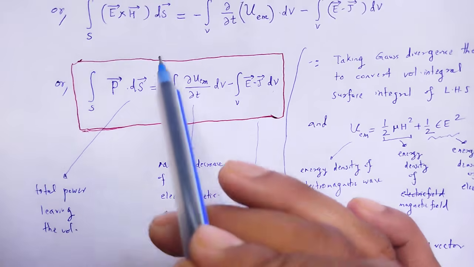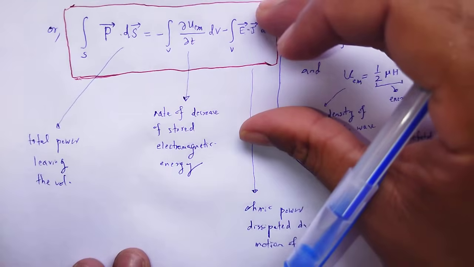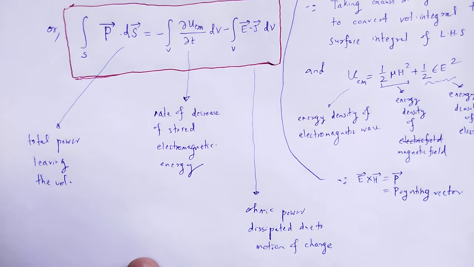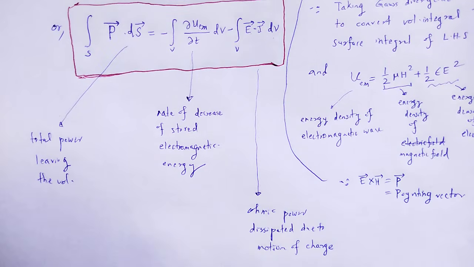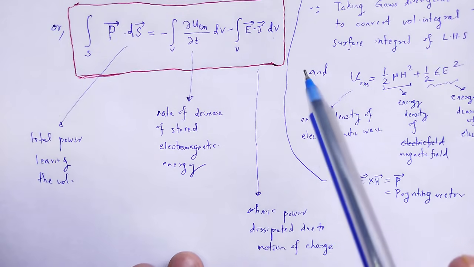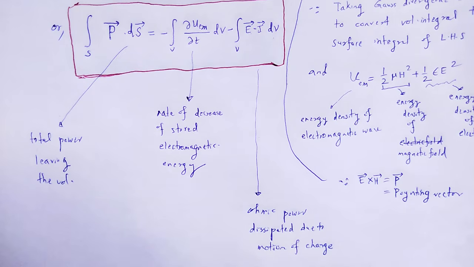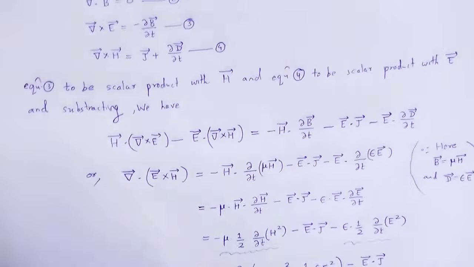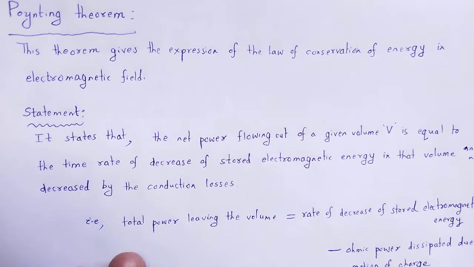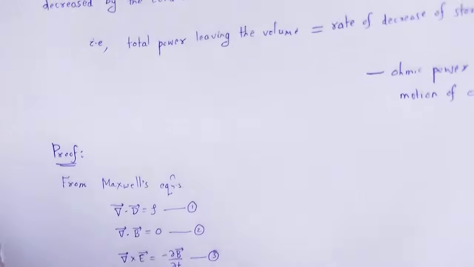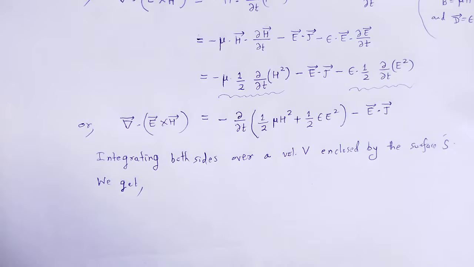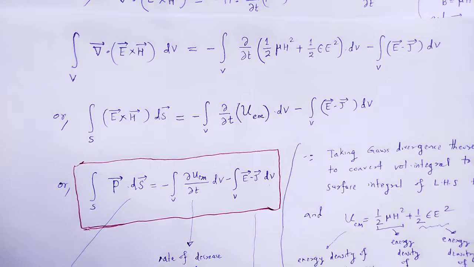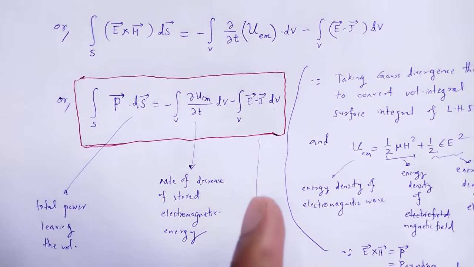Therefore, the total power leaving is used in these two ways, meaning energy is conserved. This is the expression, as we say, for Poynting theorem. Poynting theorem statement, proof by using Maxwell's equations, and finally we derive Poynting theorem.